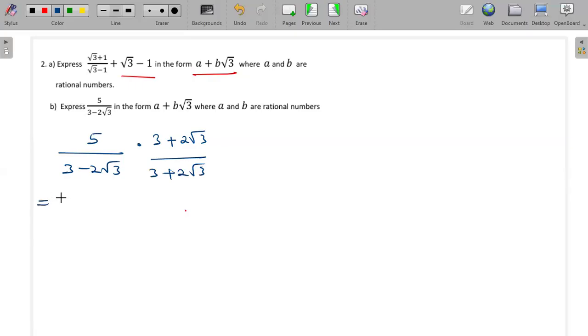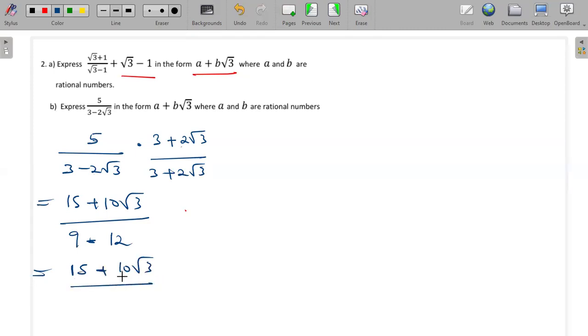This is going to be equal to 15 there, and then 5 multiplied by 2 root 3 gives us 10 root 3. Then down there you have 9 minus 4 multiplied by 3, which gives us 12. So this is going to be equal to 15 plus 10 root 3.